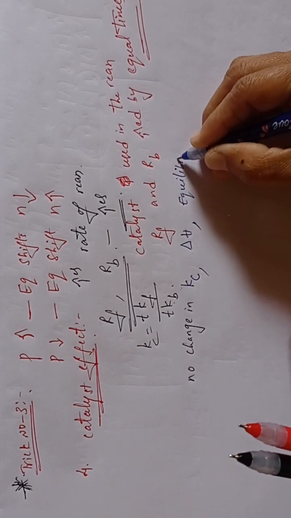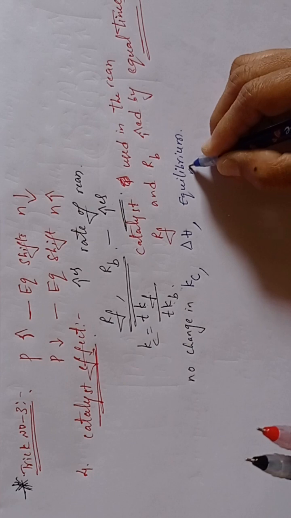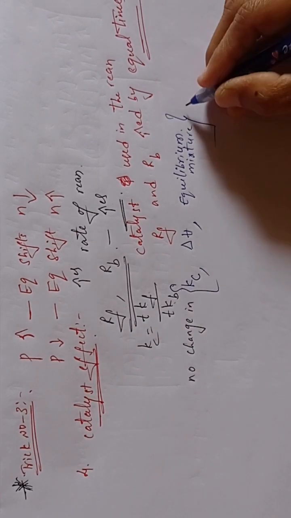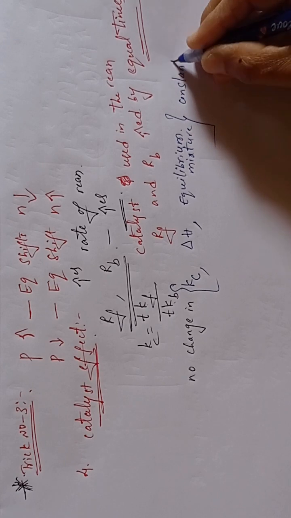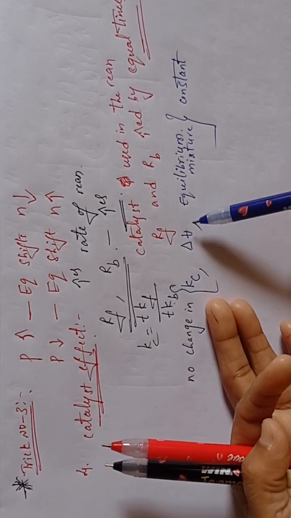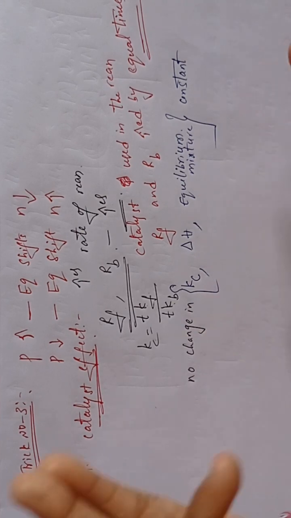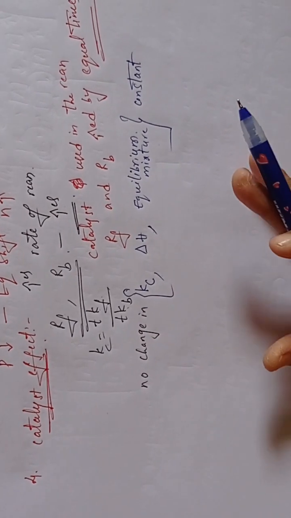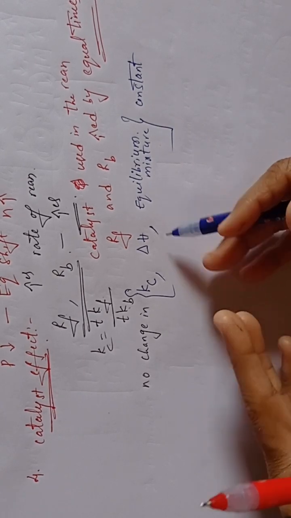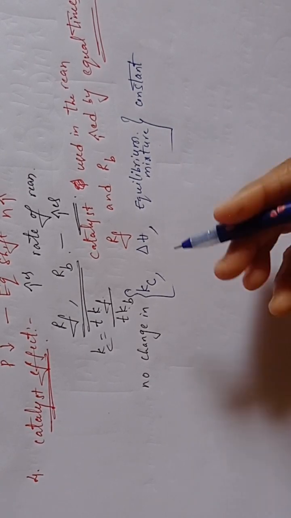These three are constant, students. So a catalyst does not affect the equilibrium constant, delta H, or the equilibrium mixture, but it helps to achieve the equilibrium quickly.